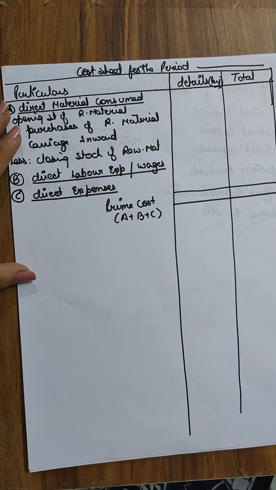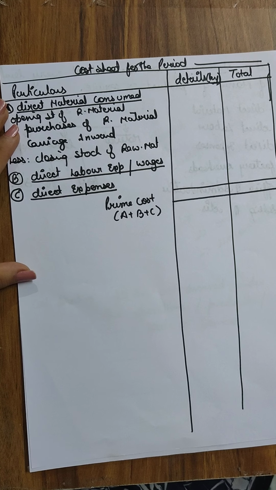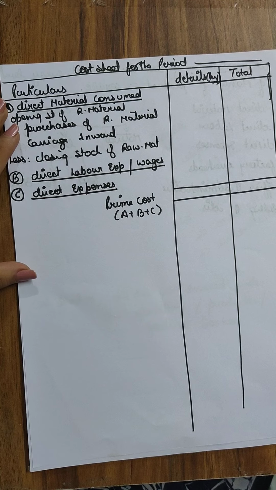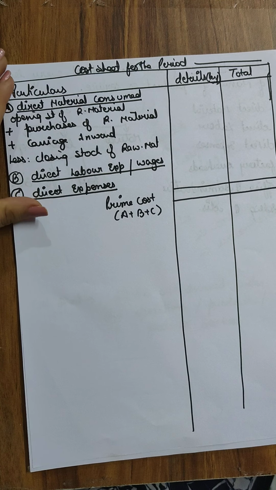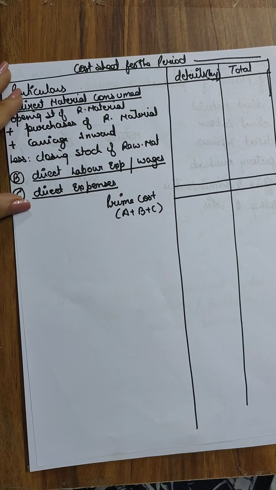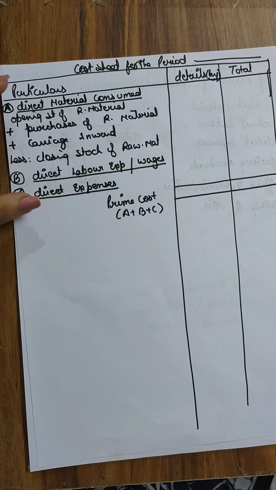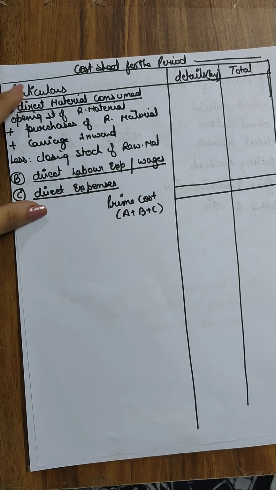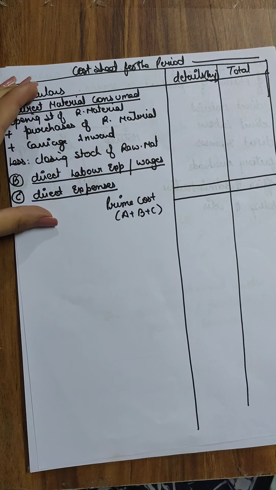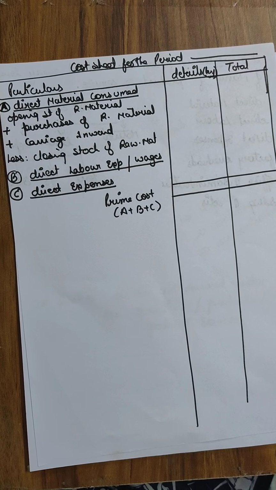So our prime cost is basically a cost that is incurred for the primary manufacturing, that is related to our direct material, direct labor and direct expenses. So this is a direct cost. Prime cost is basically the total of all the direct cost.